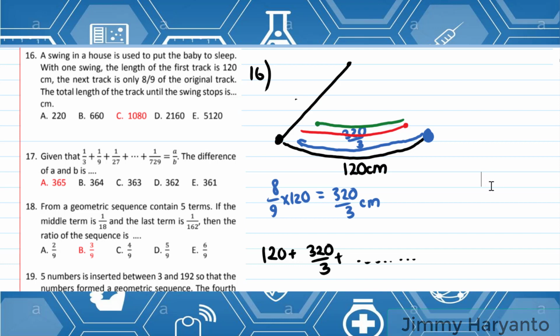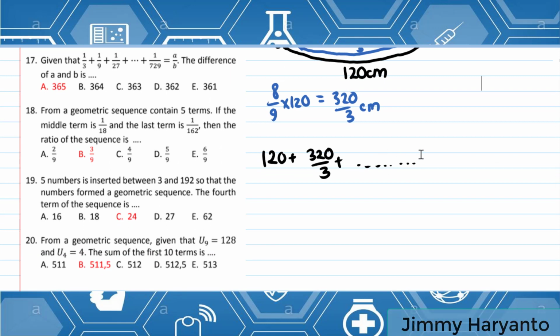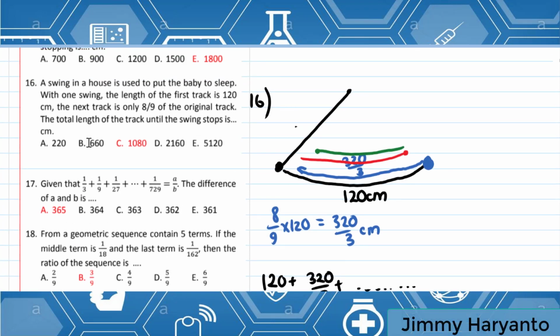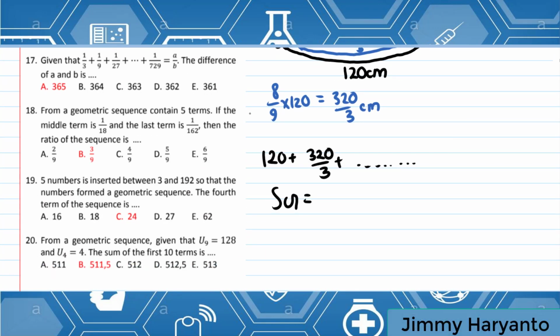And so for the rest of the track, it will follow the same ratio. The question wants us to find how long the total length of the track is until the swing stops. So we have to find S infinity. S infinity equals a over 1 minus r, equals 120 over 1 minus r.